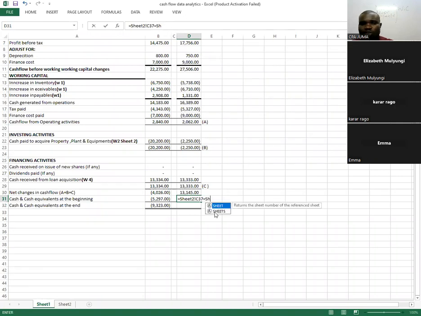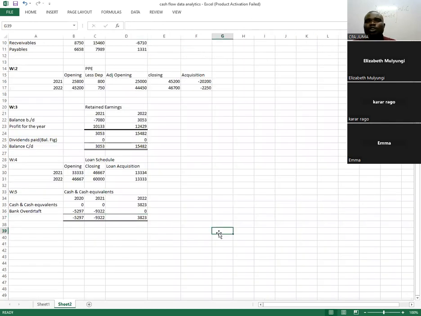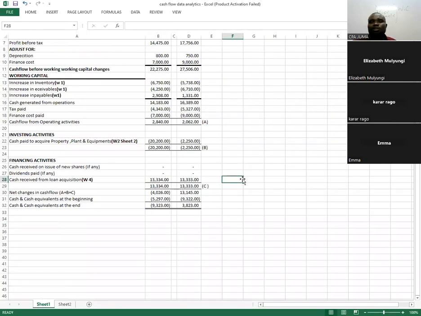I will delete that one up to the equal sign. So if you take 13 plus this, it should give you that closing. So this one plus this, 38.23, 38.23, accurate. So it has balanced. That cash flow has balanced very well.